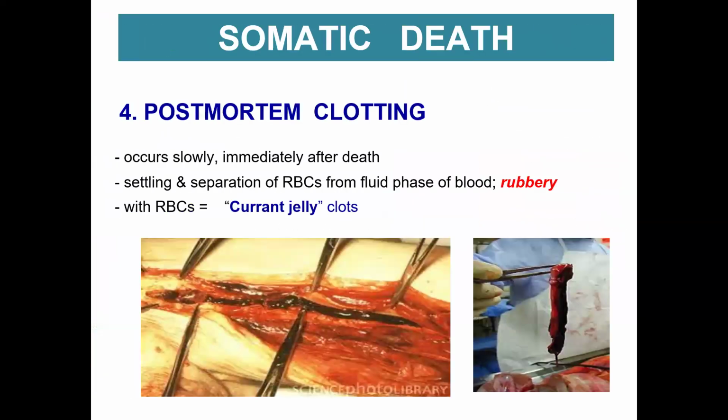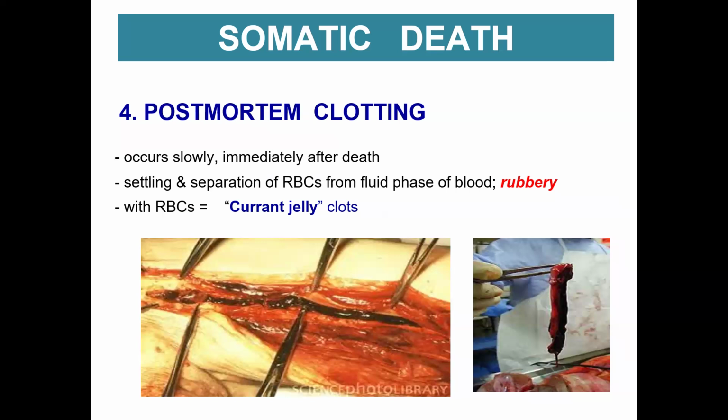But there is a difference between a clot formed while the patient is still alive and a clot formed after the patient has died. In a clot formed while the patient is still alive, you would see the lines of Zahn. You can search a picture of the lines of Zahn. It is a clot formed when the patient is still alive.